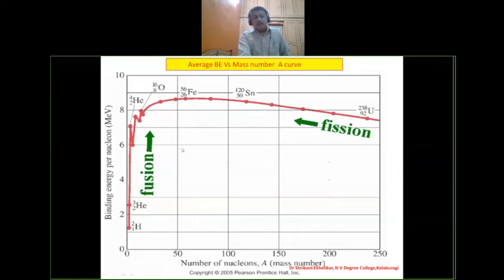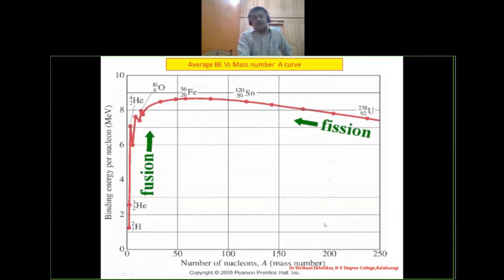So when you cross this line, 50 is here, and mass number 56 is here. This 56 is iron, 26Fe56. When you move after this, 100, 120 is tin, Sn. If you cross 200 and come this side, mass number 238 is uranium.